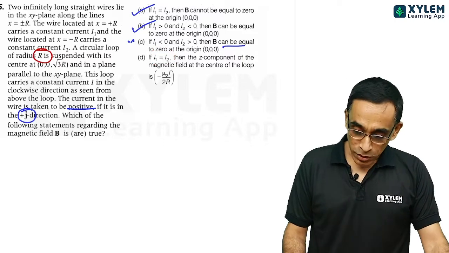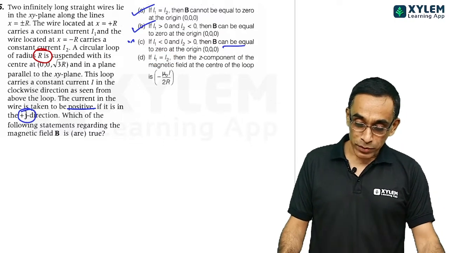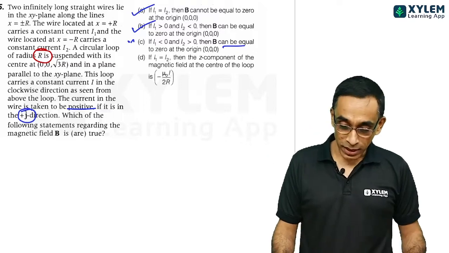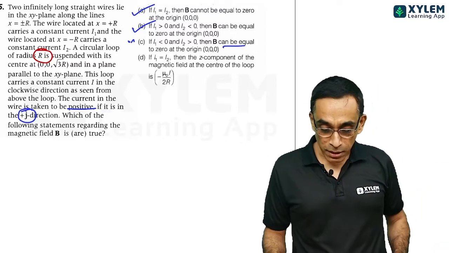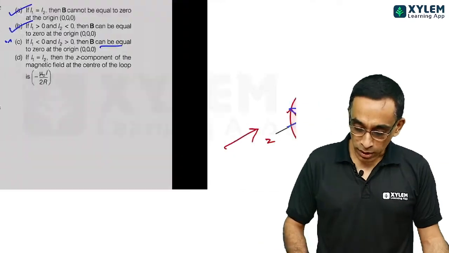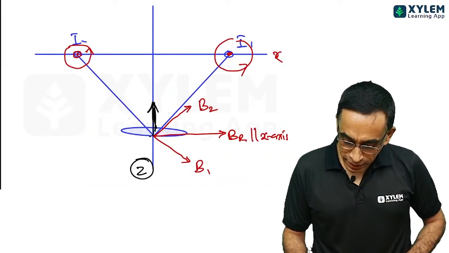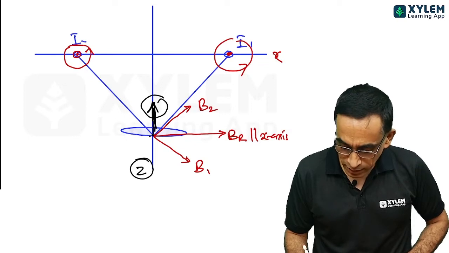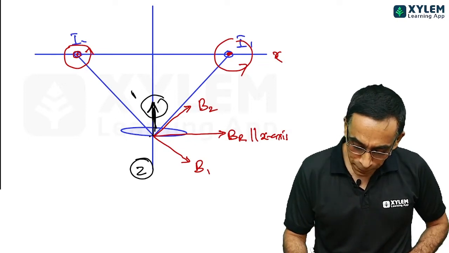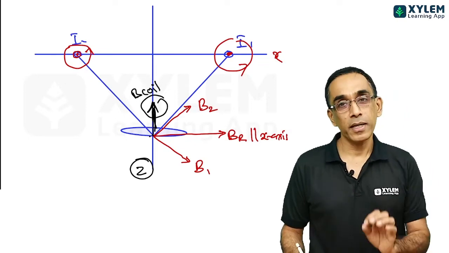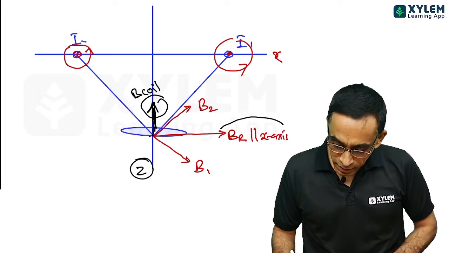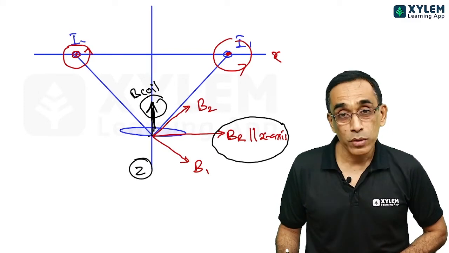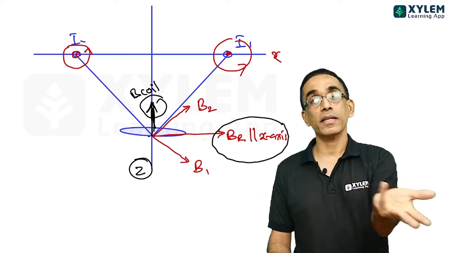ഇനി ഓപ്ഷൻ വായിക്കാം. ലാസ്റ്റ് ക്വസ്റ്റ്യൻ നോക്കൂ. I1 equal to I2, then the z component of the magnetic field at the center of the loop is minus mu 0 I by 2r. അപ്പോൾ ഇവിടെ ഈ z component of the magnetic field at the center of the loop എന്ന് പറയുന്നത് that is due to the coil, because the magnetic field due to the wire is parallel to x axis and z component ഇല്ല.